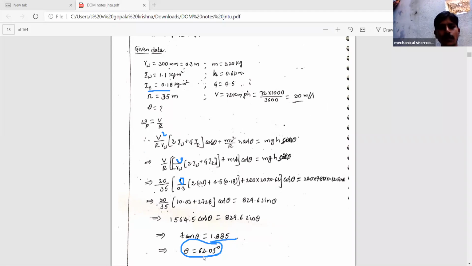What we made in our problem is the wrong answer. Why? Because we did not consider the V square.